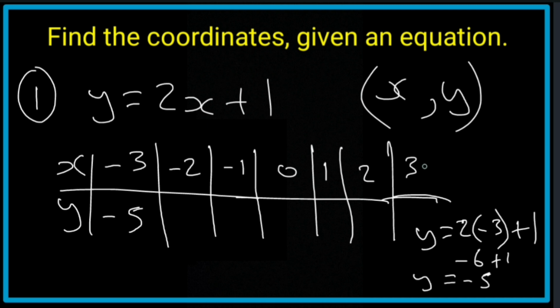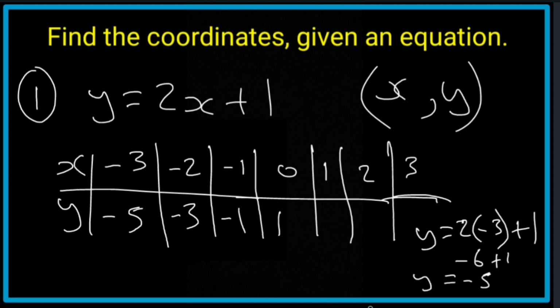Okay, I can keep going, but I'm just going to do the rest of them in my head. 2 times -2 is -4, plus 1 is -3. 2 times -1 is -2, plus 1 is -1. 2 times 0 is 0, plus 1 is 1.